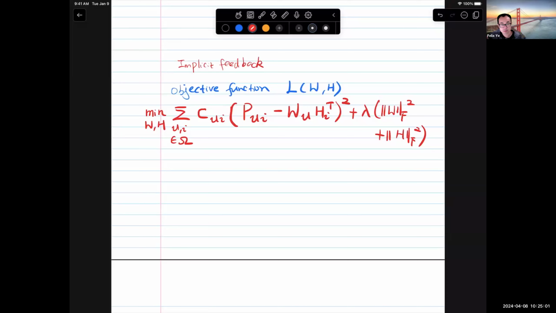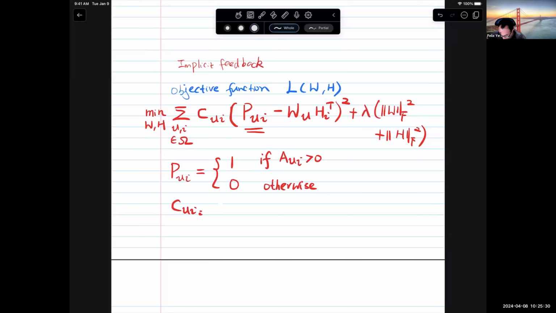So this is basically the same thing. PUI is the following: it is 1 if they have any interactions, and 0 otherwise. So CUI is the confidence in observing PUI.